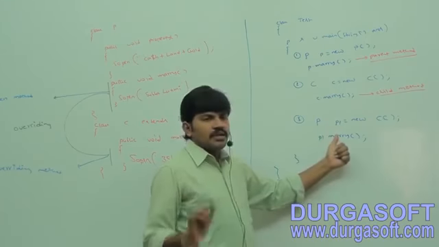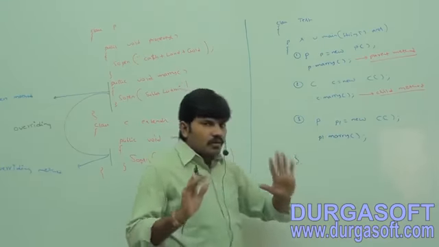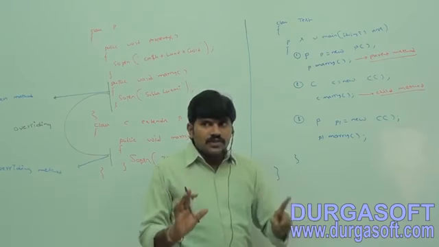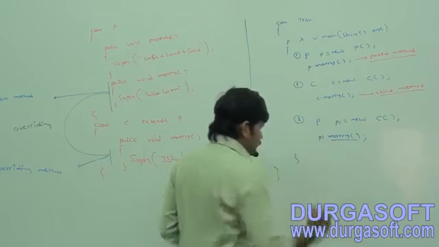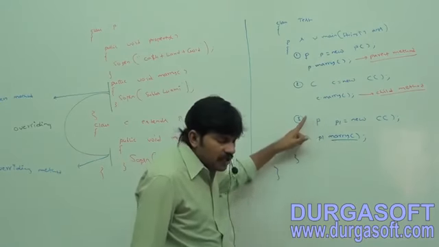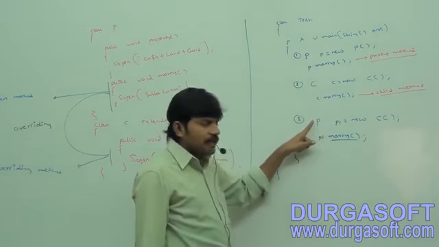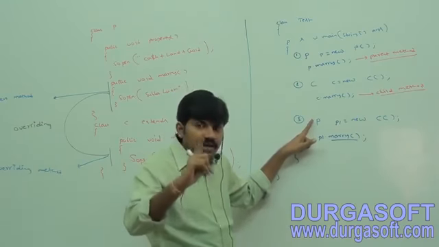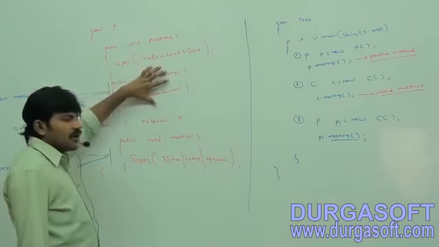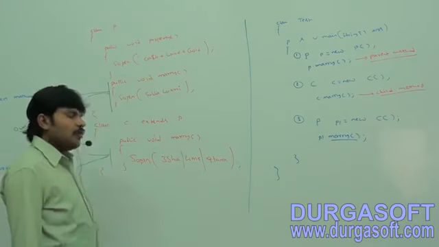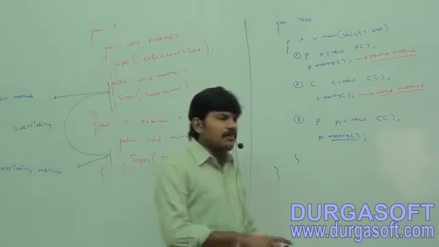Now make sure, what is the role of the compiler and what is the role of the JVM? You have to decide. I am calling the marry method on P1. P1 is what type? Parent type. So the compiler is going to check whether the marry method is there in the parent class or not. Yes, the marry method is there, no problem, it compiles fine.